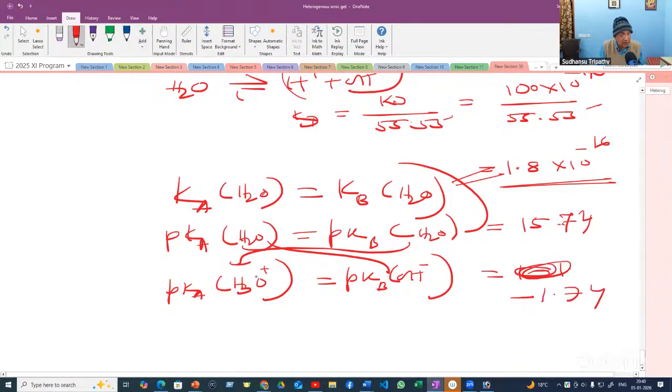They are strong acids. Hydronium ion is a strong acid. All strong acids level up at moderate concentration as H3O plus. Got it?